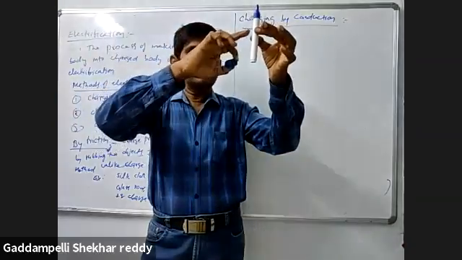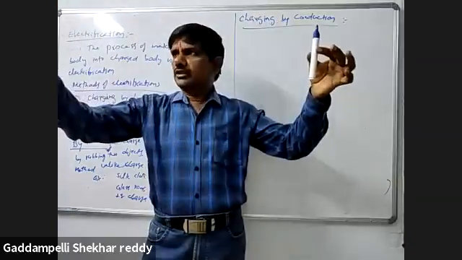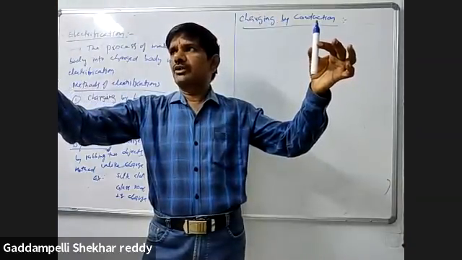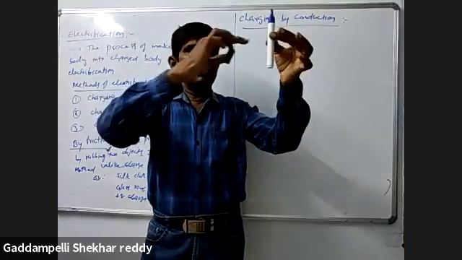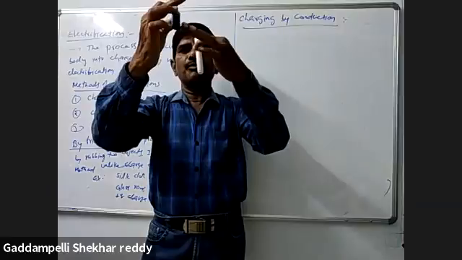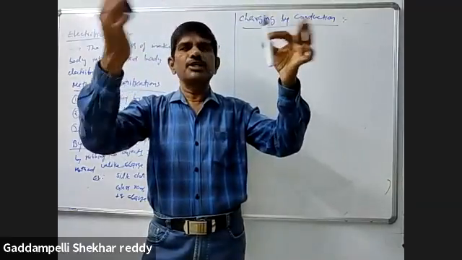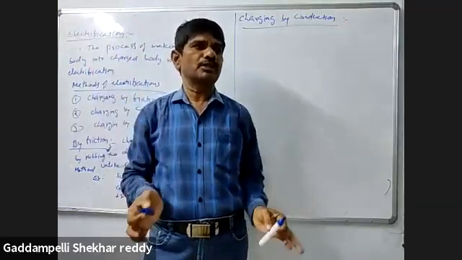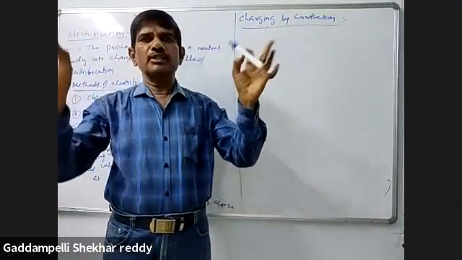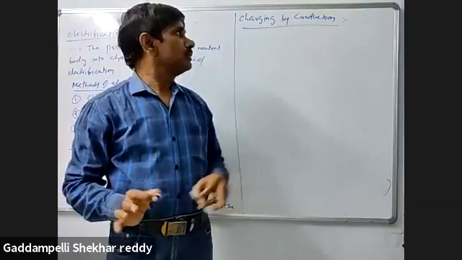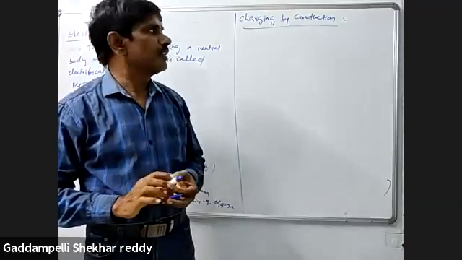Initially, say this has 50 coulomb of charge and this is an uncharged body with no charge. They are in contact. After separating, this gets 25 coulomb and this also gets 25 coulomb. That means the charge is equally distributed between the two objects. That is known as charging by conduction.